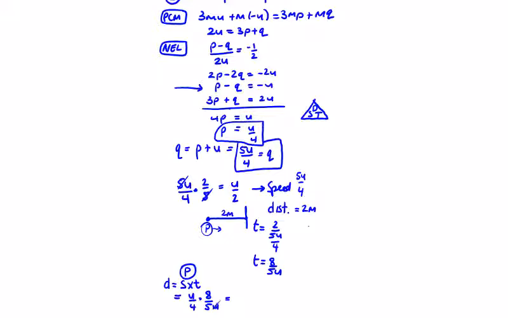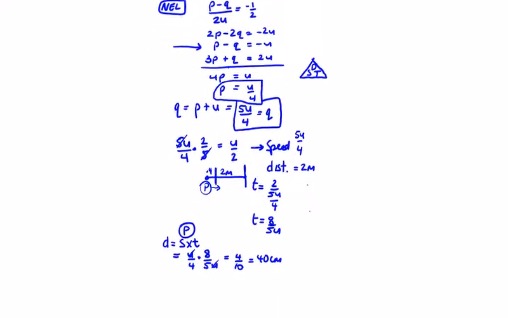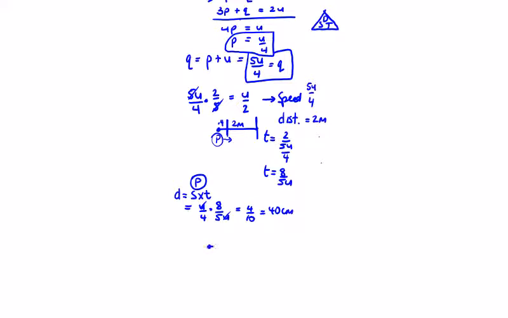The u's will cancel. 8 over 20, which is 4 over 10, which is 0.4 meters, or 40 centimeters. So let's say P is now here, 0.4 along, he's now 1.6 from the wall. So we have two spheres 1.6 apart, one going that way, one going that way.